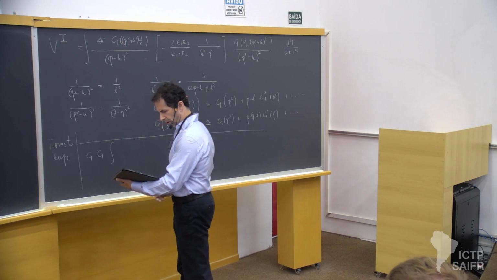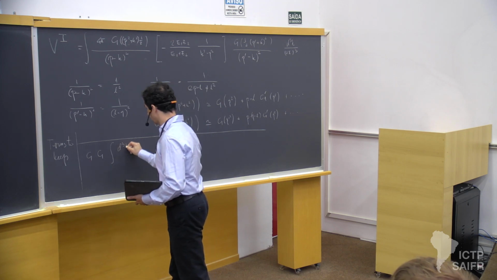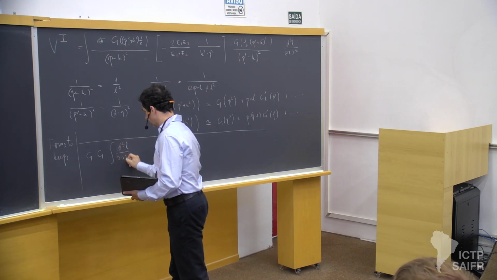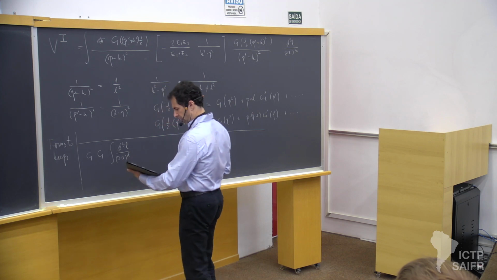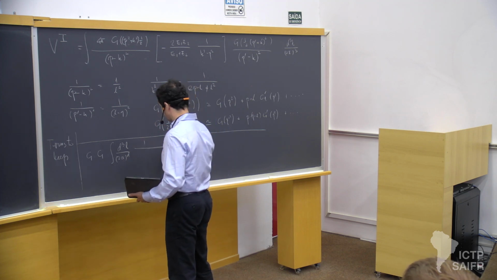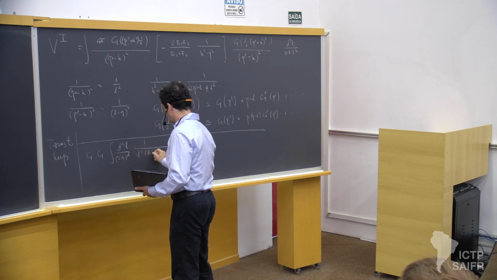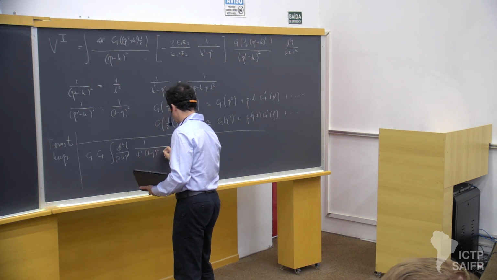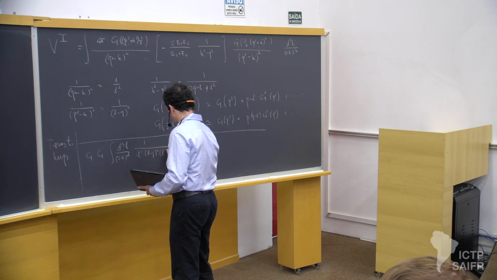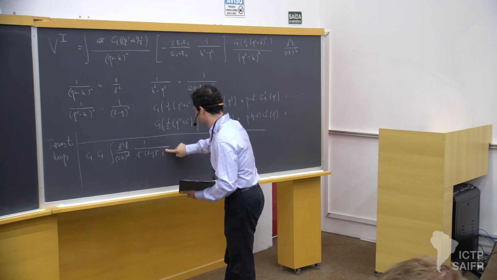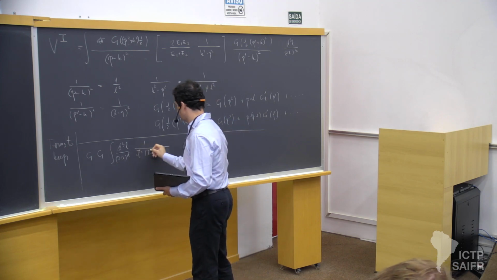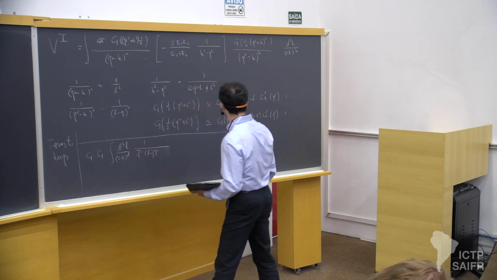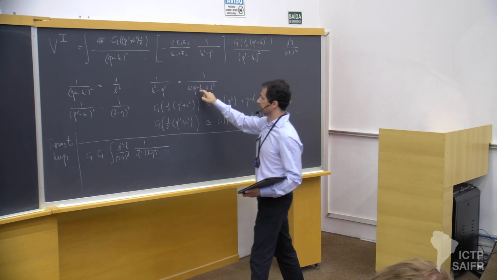And then there's an integral, d^dL over 2 pi to the d. And then there is here 1 over L squared, L minus Q squared, and L vector squared. And this is, from here, there's a 2p dot L.